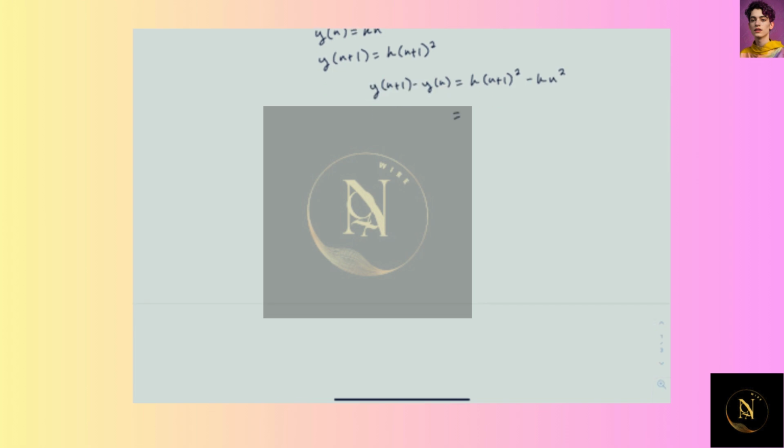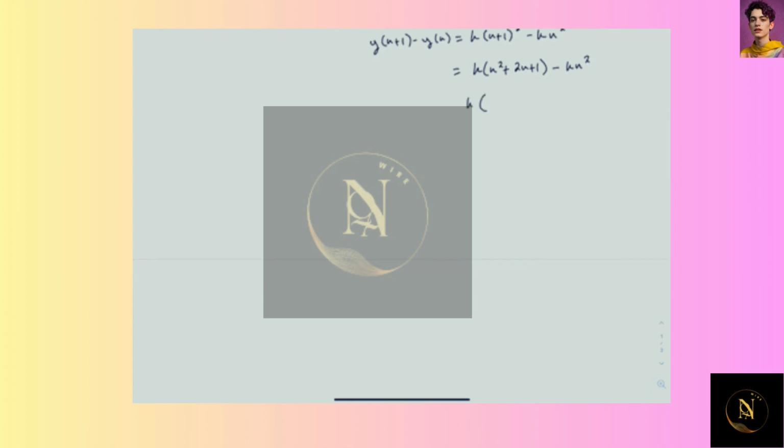And so if we expand this, we get k times n squared plus 2n plus 1, and this is n squared. And now we can factor a k. So we have k times n squared plus 2n plus 1 minus n squared. And this comes out to k times 2n plus 1. So for every second we increase, we get 2n plus 1 k.